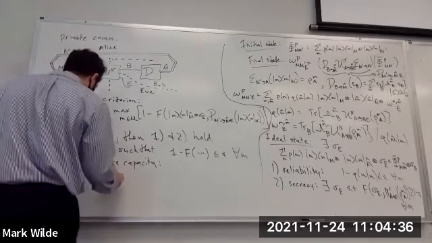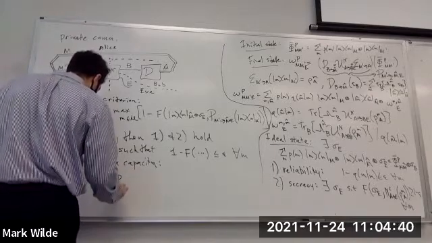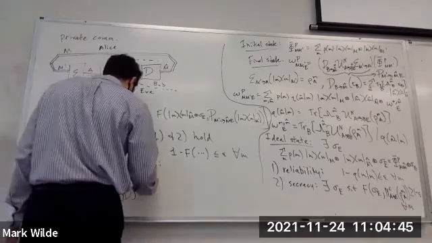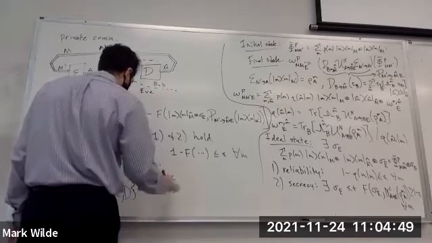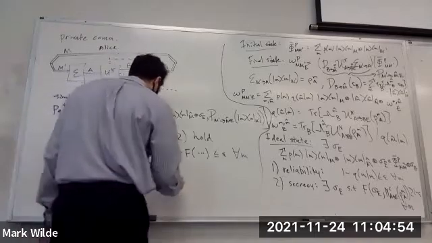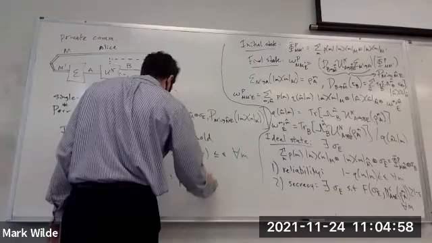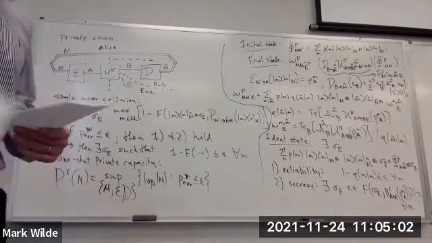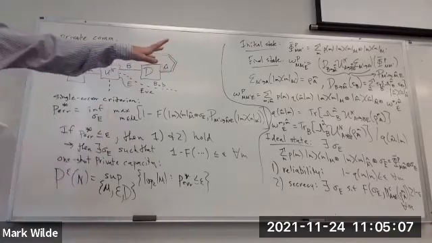Same thing as before: take an optimization over all message sets, encoders, decoders, such that the number of private bits you can send is as large as possible, subject to the constraint that this error criterion is less than epsilon. That's the one-shot private capacity. Okay. Any questions about the setup?